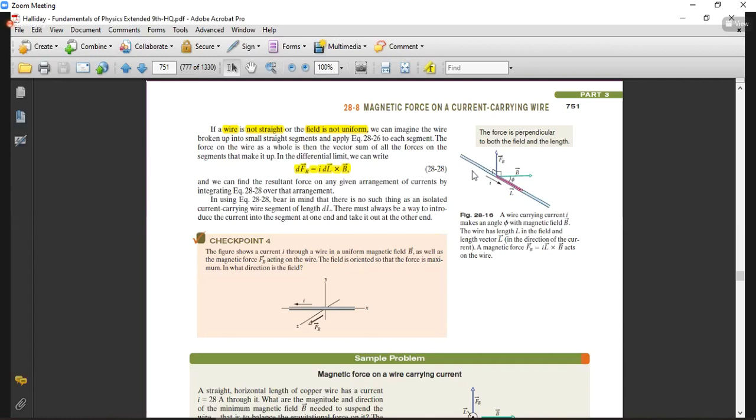Then we take the differential part of the wire, which is equal to dl, a differential length. So the magnetic force that arises due to that small segment of the wire would be I dl cross B. Up to this point, is it clear to you?